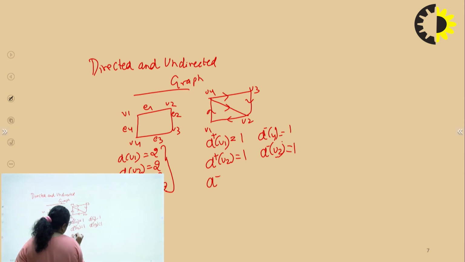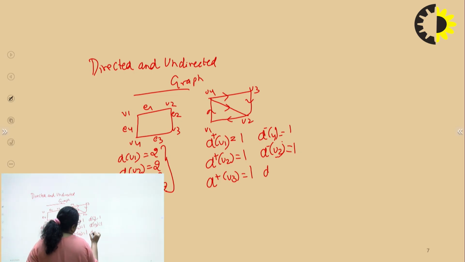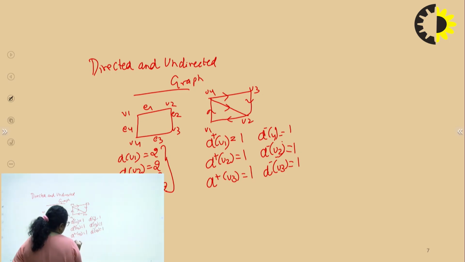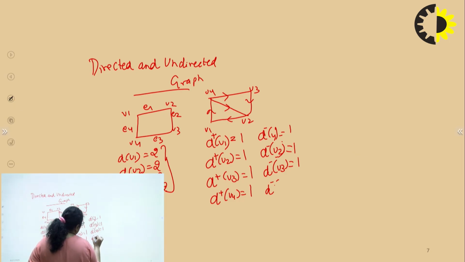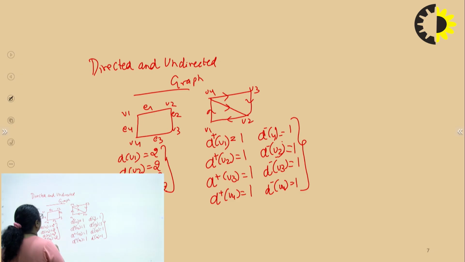For V3, the number of edges incoming in V3 is 1, and outgoing from V3 is 1. For V4, the number of edges incoming in V4 is 1, and outgoing from V4 is 1. So this is the in-degree and out-degree of the vertices, and this is all about directed and undirected graphs.